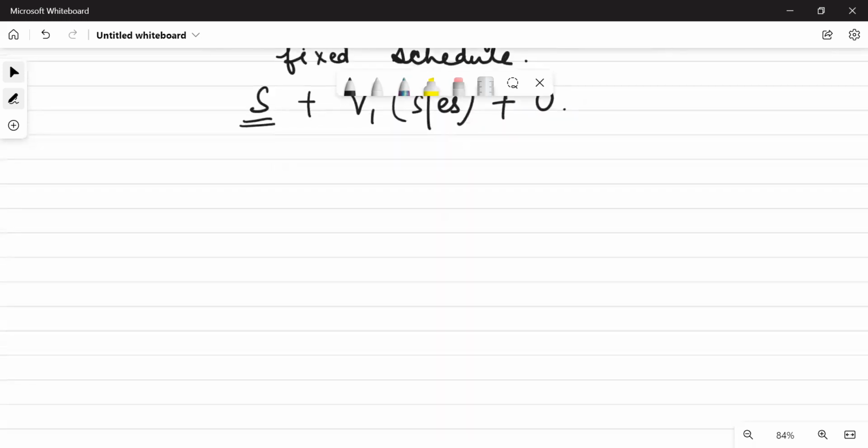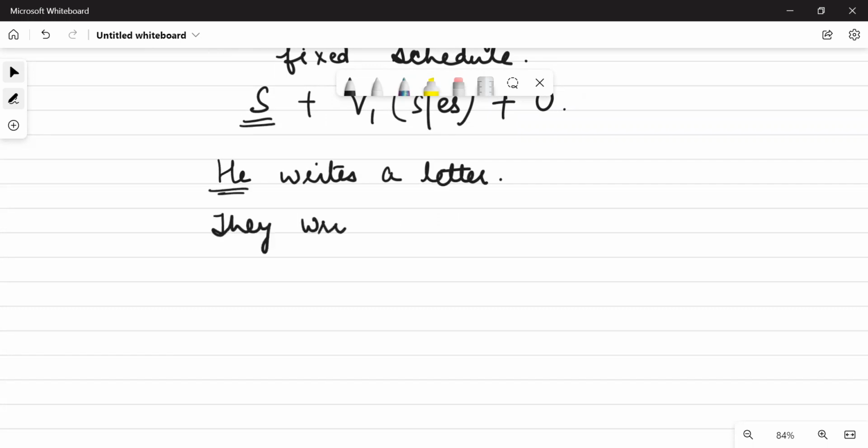Let me take an example which I will be taking for all tenses so that it is easier for you to understand. For example, he writes a letter, वो एक लेटर लिखता है, ठीक है? अगर यहाँ पर he की जगह they होता, then we will write they write a letter. Why? Because they is plural.